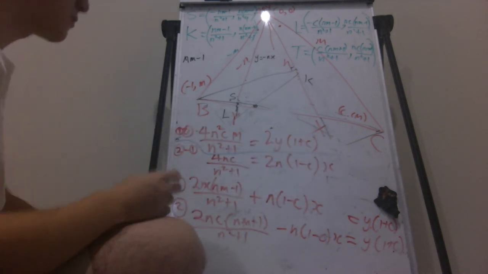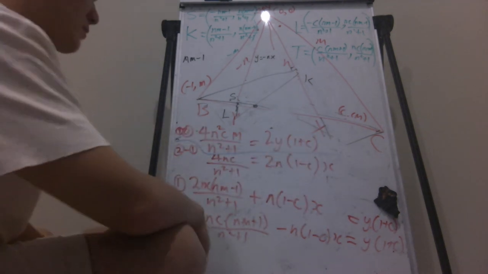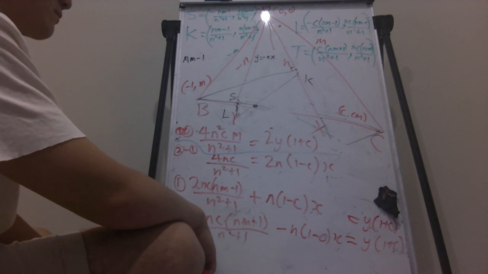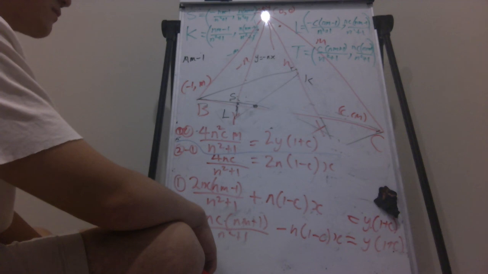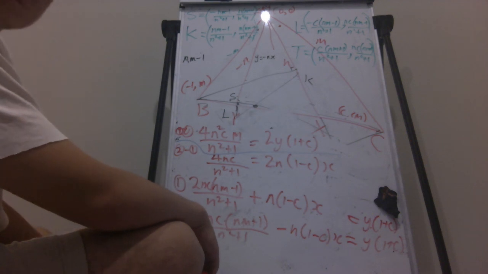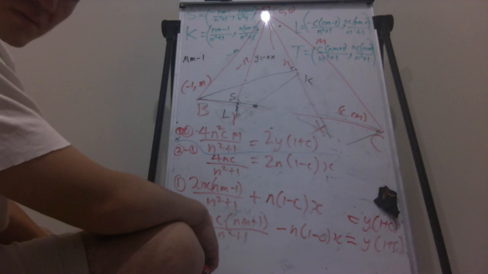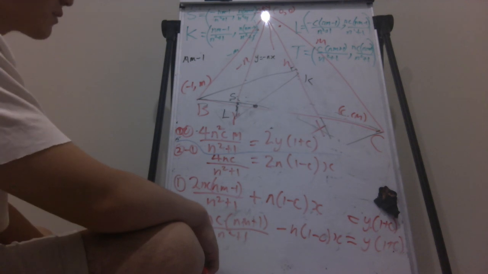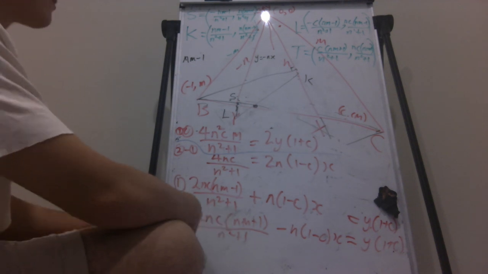Yeah. And then you just have to show it lies on BC. Exactly. That's actually not too bad. You're almost there, right? This requires no thinking whatsoever.